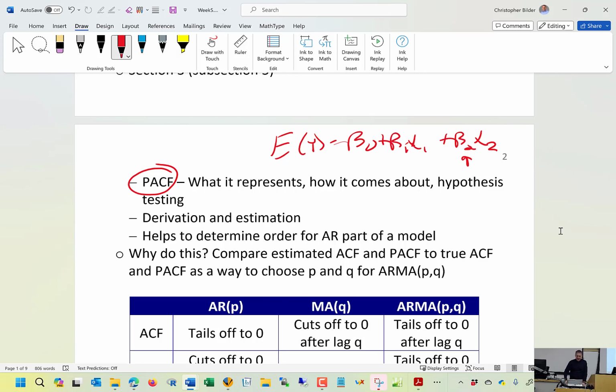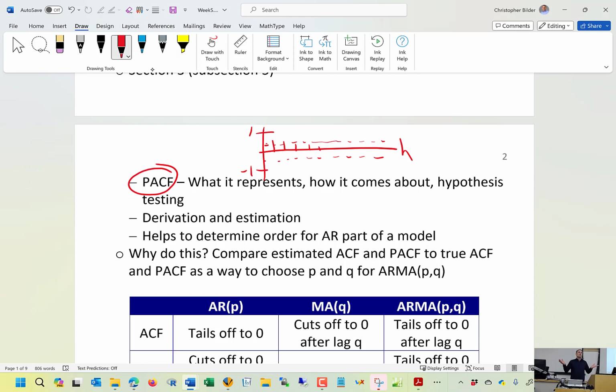You're going to have a plot that looks very similar to what we had for the estimated ACF. So here's positive 1, here's negative 1, here's my lag, we'll call it H, and we'll have some dotted lines drawn across at the appropriate locations so that we can do a hypothesis test.